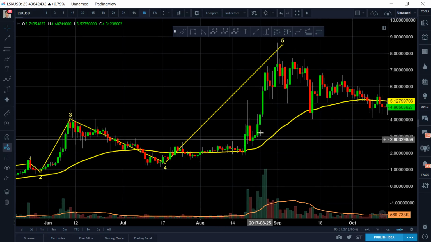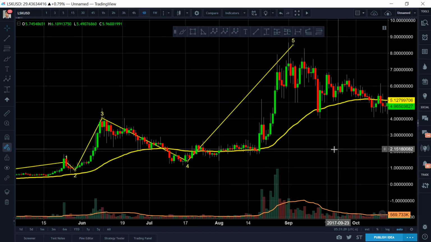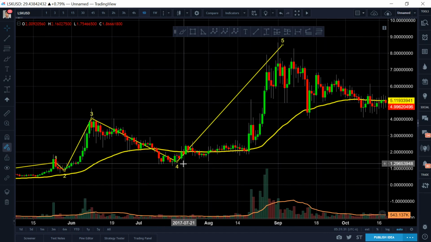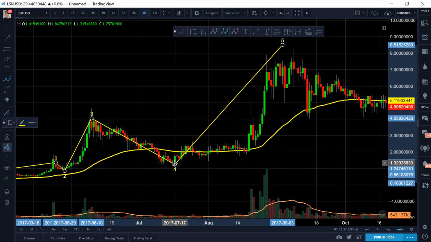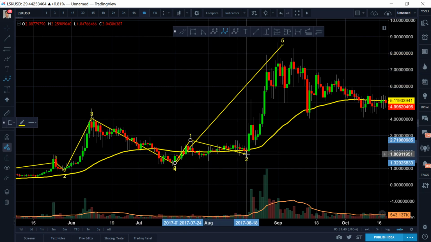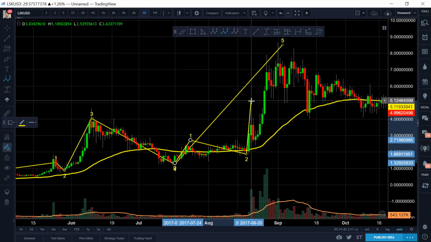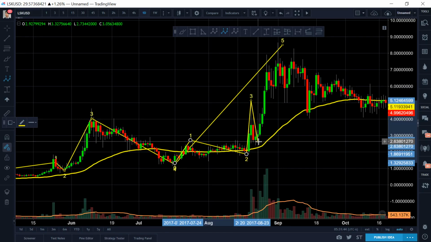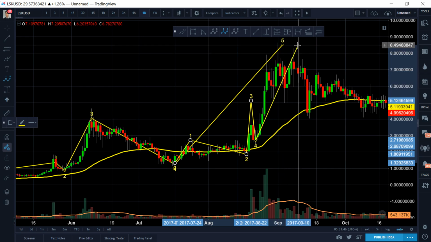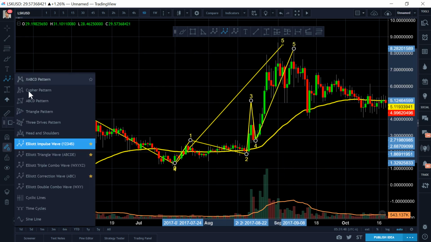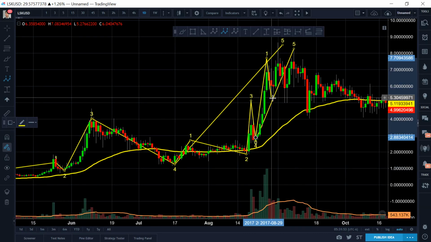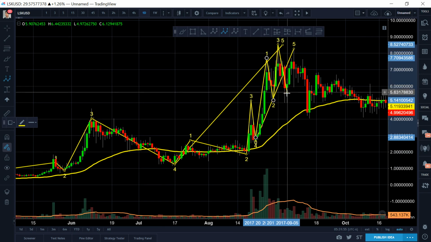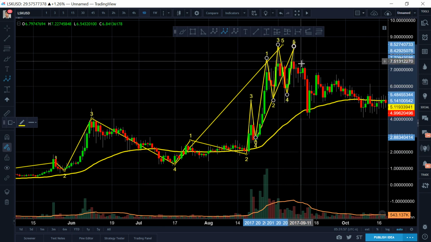1, 2, 3, 4, 1, 2, 3, 4. Yeah. So this makes an ending 5th wave diagonal right here. So now, this is in June. 1, around there. 2, 3, 4, and 5, where the 5th wave makes an ending 5th wave diagonal like that. 2, 3, around this region, 4, 5.